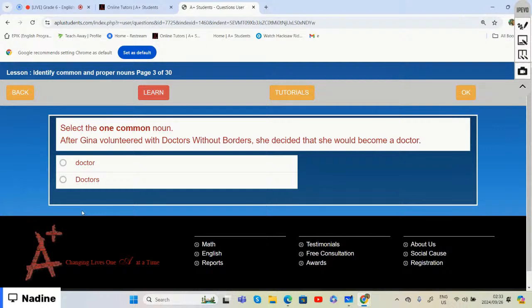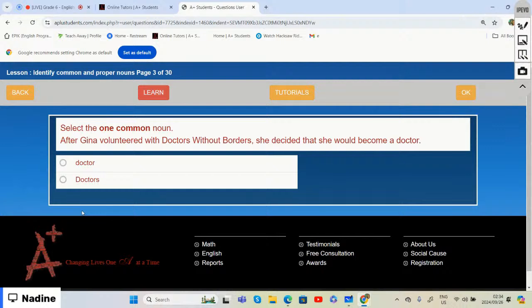We need to select the one common noun. It says, after Gina volunteered with Doctors Without Borders, she decided that she would become a doctor.